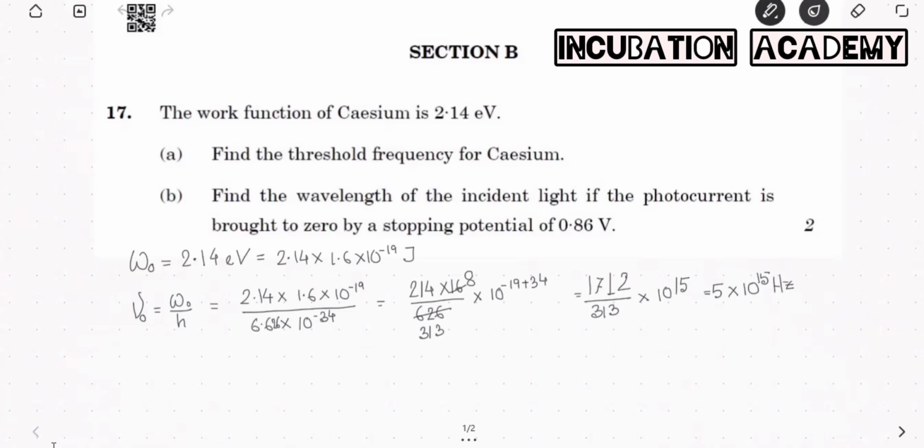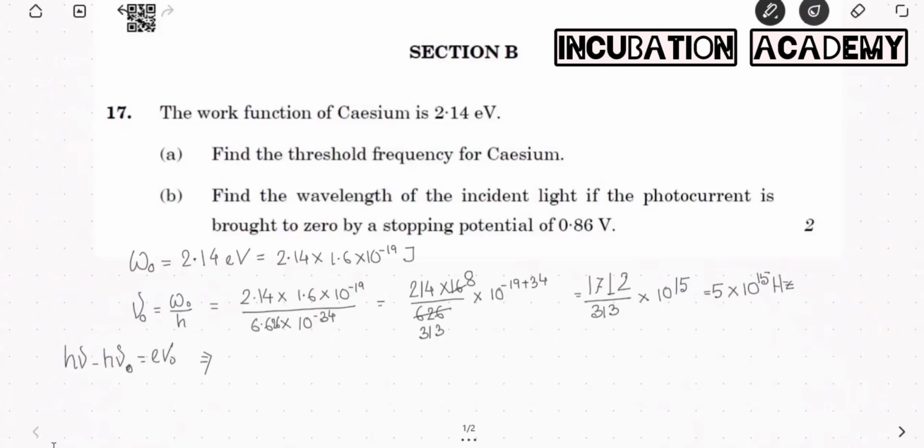Now we know this equation: h nu minus h nu naught is equal to e V naught. The frequency nu, you need to find out.